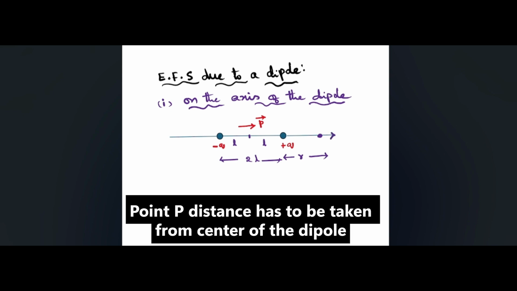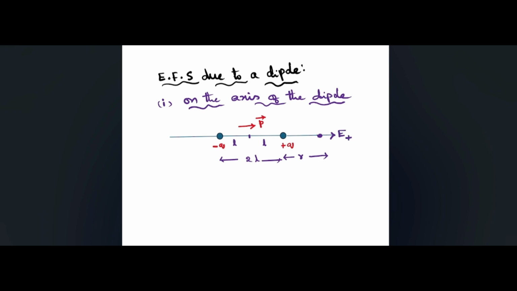So at this point, the electric field due to plus q, in the direction of the axis, that is the positive x direction, we can write as E plus. Minus q attracts, so the direction of the electric field due to minus q we can write as E minus. Since the positive charge is nearer to this point than the minus q, the magnitude of E plus will be greater than E minus.